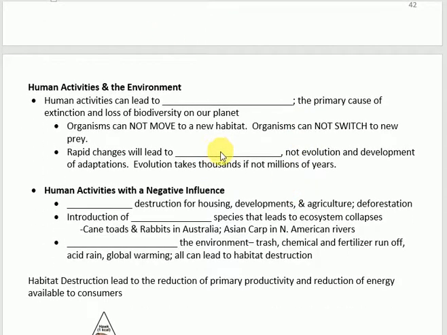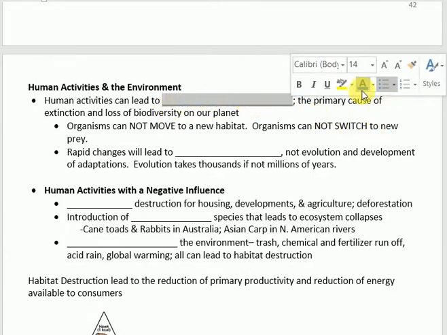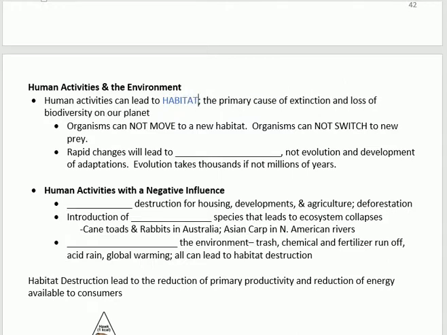So now let's talk about how we as humans have impacted the environment. So human activities can lead to, they don't have to, but they can lead to habitat destruction. And the primary cause of extinction and loss of biodiversity on our planet is from us.